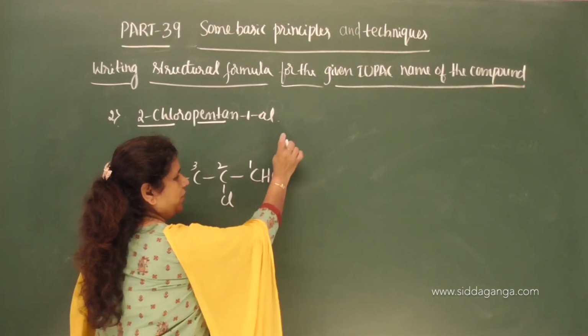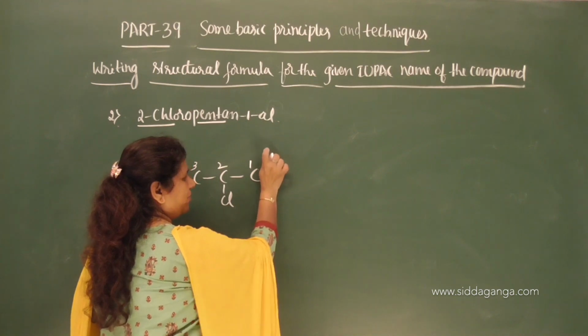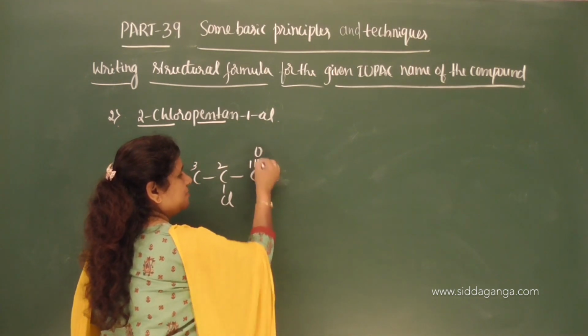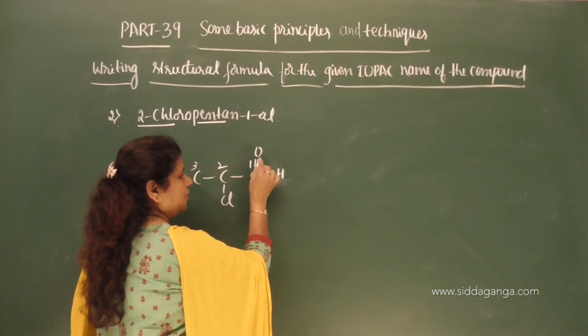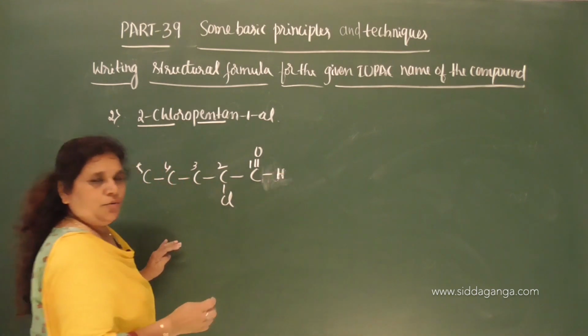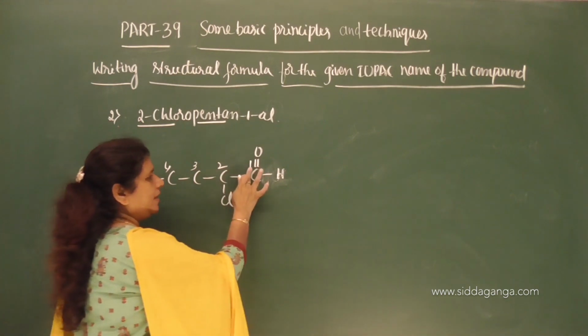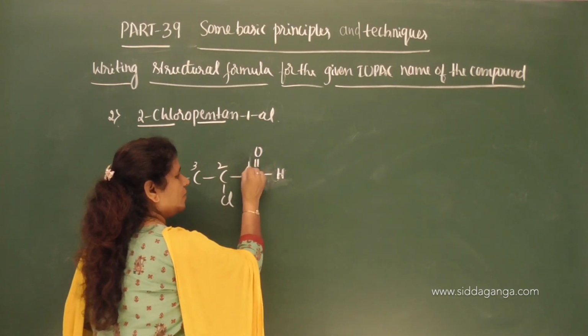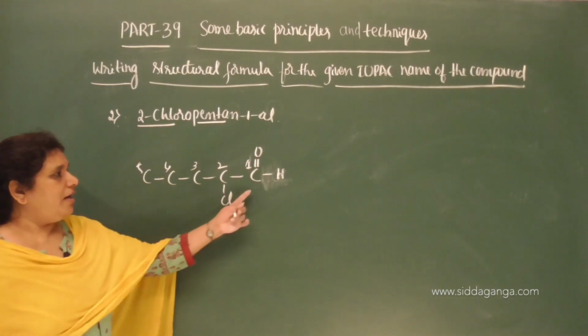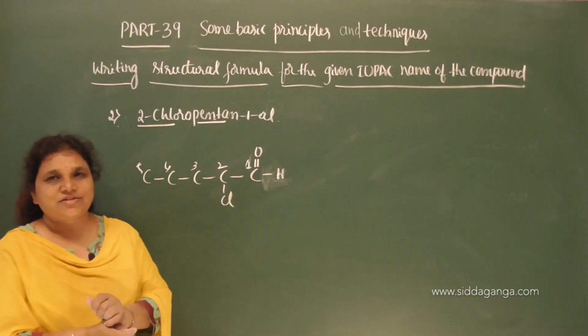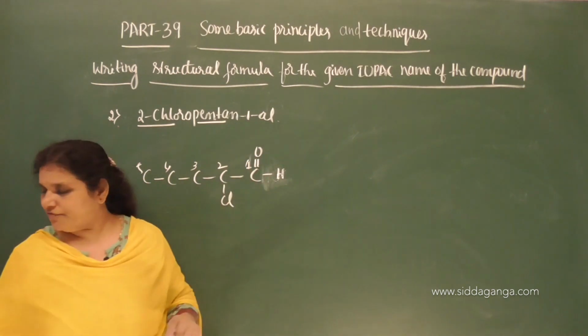Now CHO is there, you know the structural formula. Should hydrogen be added to this carbon or not, that you have to consider. No, this carbon atom already satisfies its tetravalency. Once you write the structure, you will understand. C double bond O, H, that is the structural formula of the aldehyde functional group.